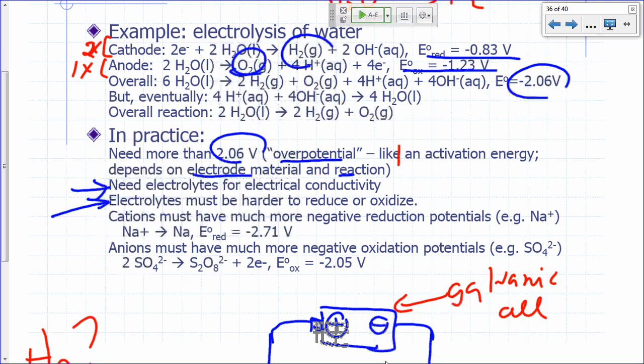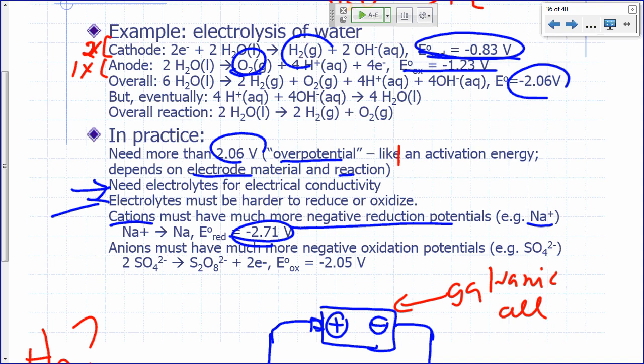So what kinds of electrolytes can you use? The cation from your electrolyte must have a much more negative reduction potential. It has to have less tendency to get reduced compared to water. So look at sodium, for example. It has a reduction potential of negative 2.71, whereas water has a reduction potential of negative 0.83, right?